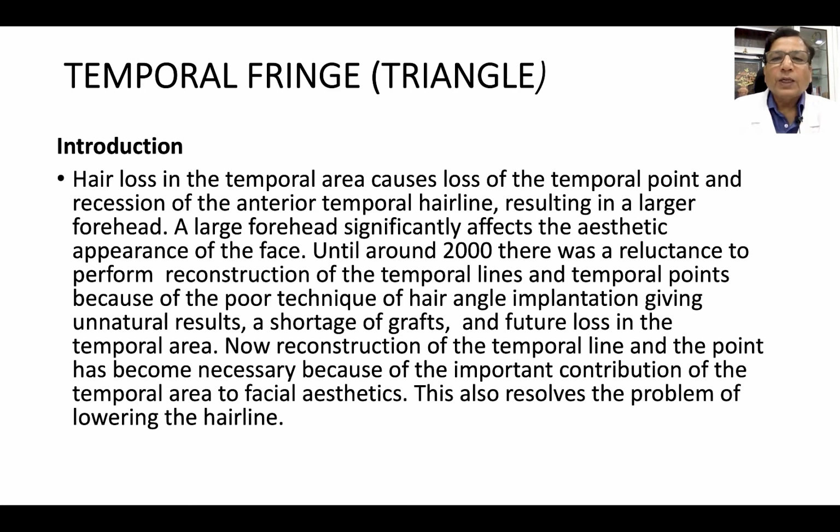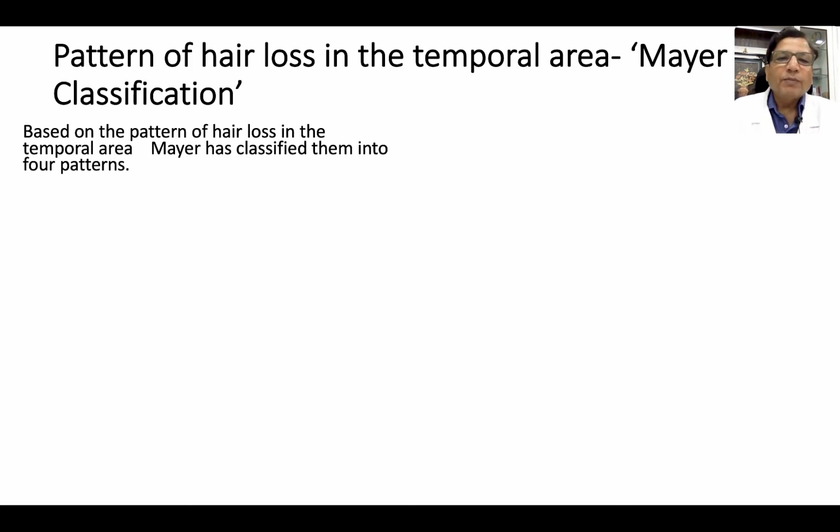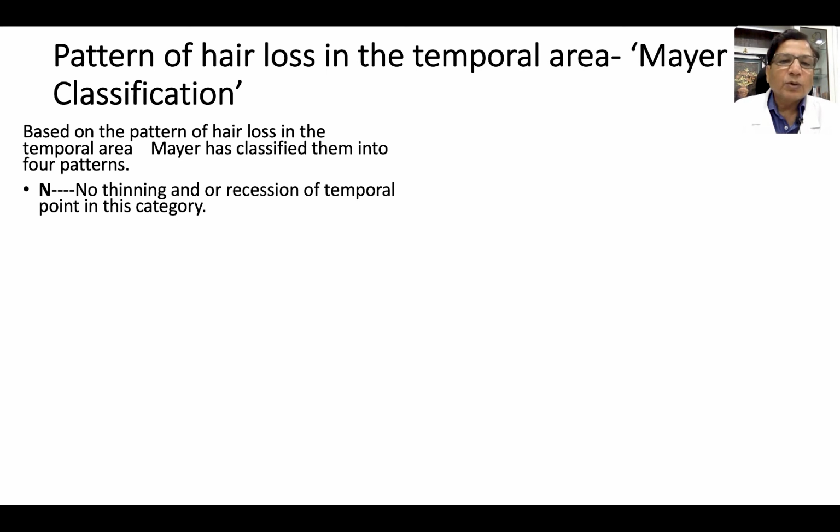The pattern of hair loss in temporal area, the Mayer's classification. Mayer has given the classification based on the pattern of hair loss in temporal area. As per him, N is no thinning or recession of the temporal point, in this category like this.